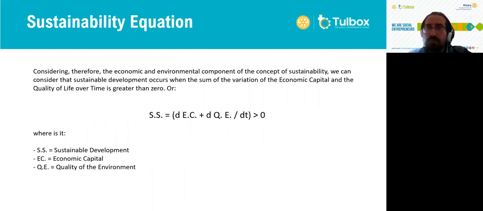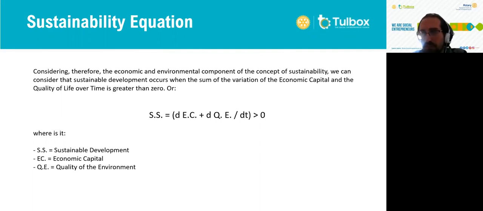If we want to talk about sustainable processes, then we have to deal with this capital in a sustainable way. We mentioned a little bit before when a process can be considered sustainable. We can refer to the sustainability equation.